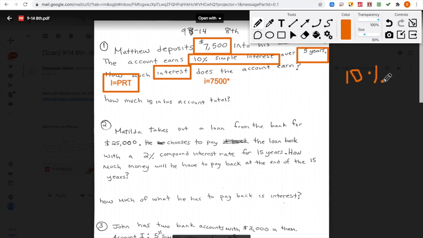The way I'm going to do that is I'm going to move it over one spot, over two spots, and I have 0.10. So I'm going to rewrite that right here as the rate. My rate is 0.10, then times my 5 years.